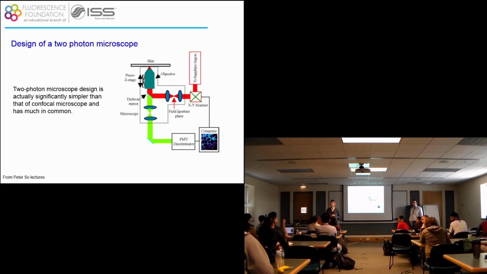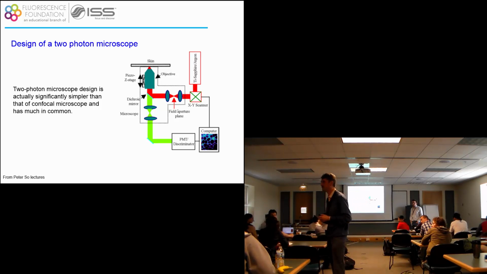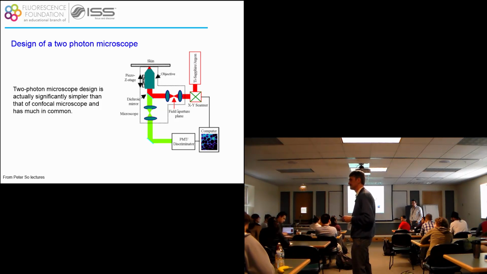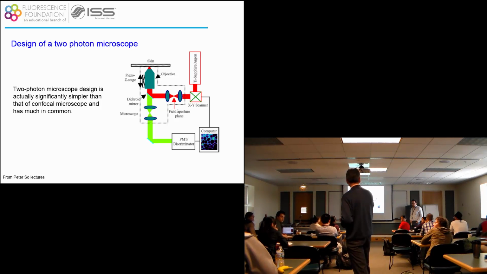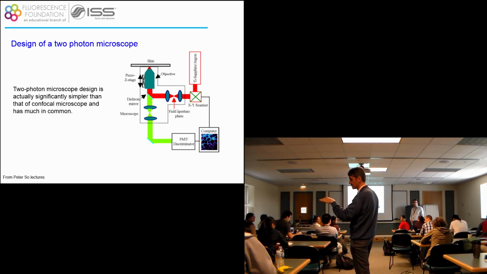I'm curious, what are the timescales involved in acquiring a confocal fluorescence image? So how many seconds does it take to take a picture of a cell? Okay. You see here there is an XY scanner, and there are different ways of doing the scanning. One is to move the sample, but typically it's using a piezo, which is fairly slow.